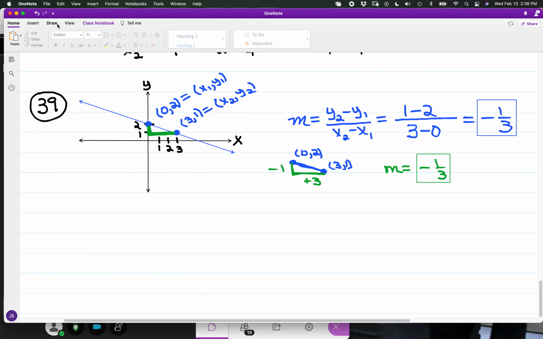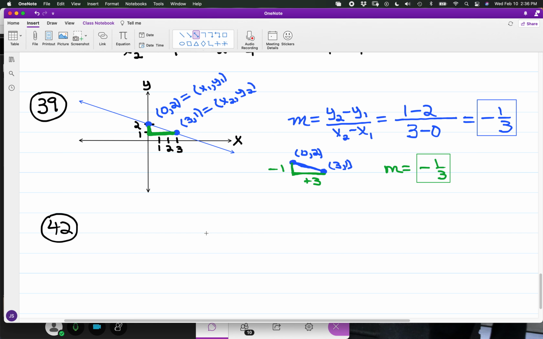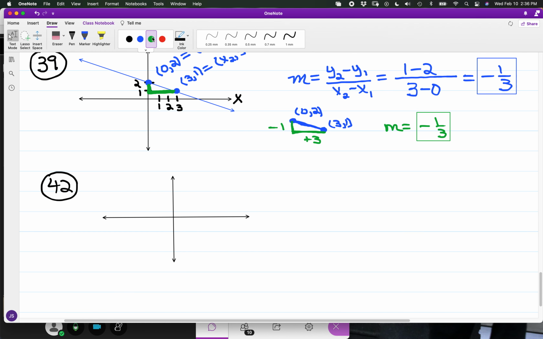Now for number 42, okay, this time we have just a straight line running up and down, it looks like. At least from the way I read it, I don't know if this is a printing error or if it was just intended to be this way. But you have the line that's running between x equals 1 and x equals 2.